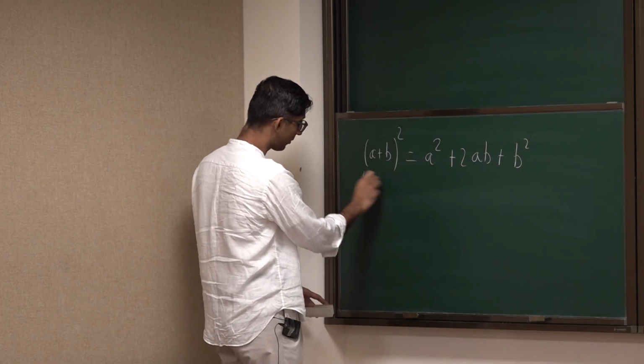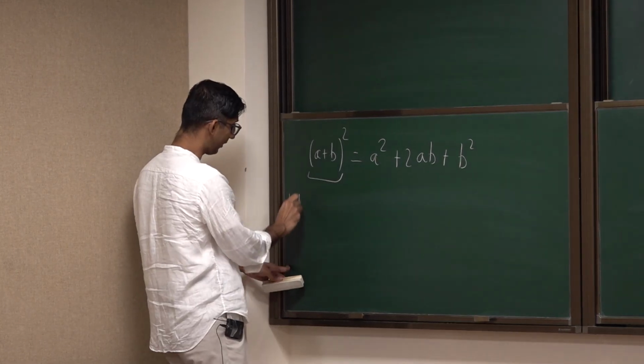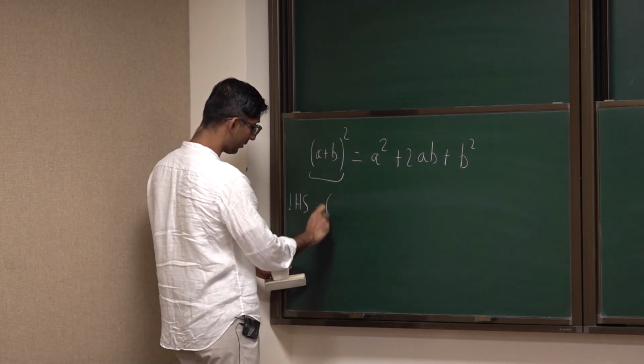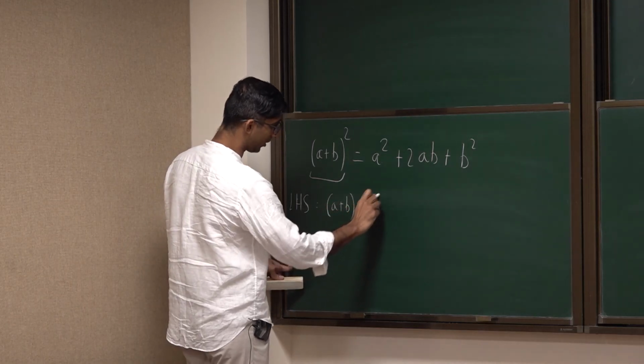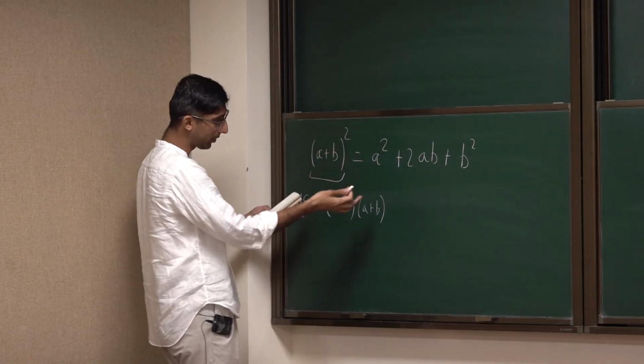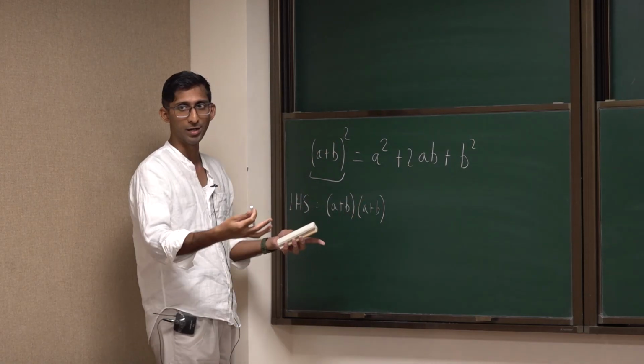So to expand this, what I would do is I would say the left hand side is equal to, what it means is a plus b times a plus b, right? This is what the square operation means. And then we know that multiplication distributes over addition, right?